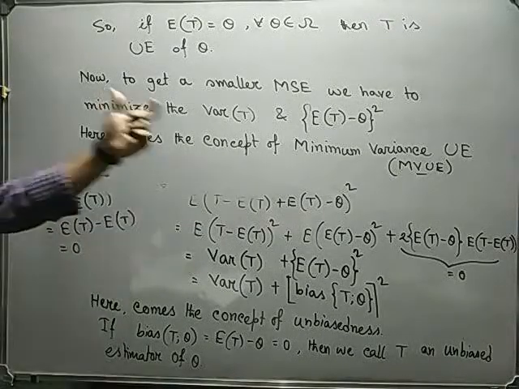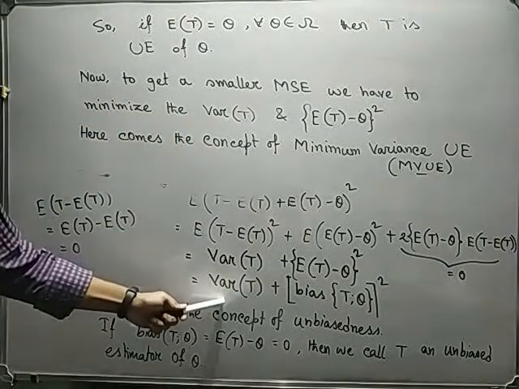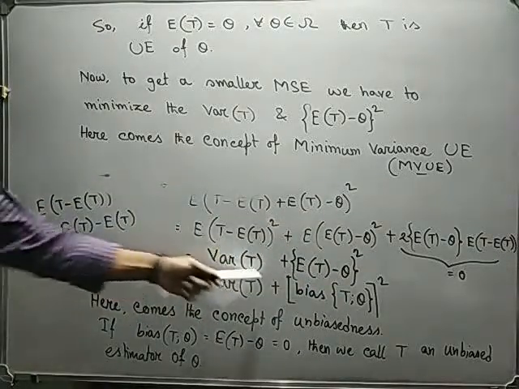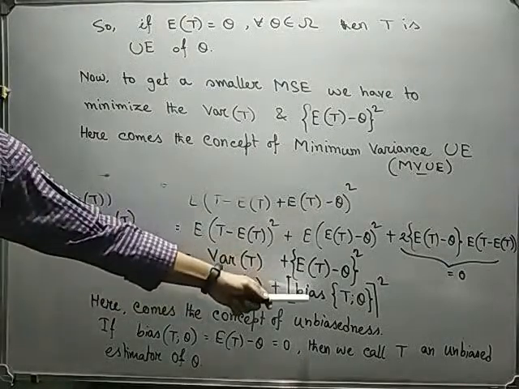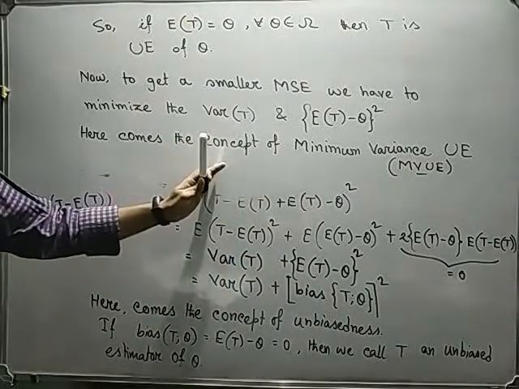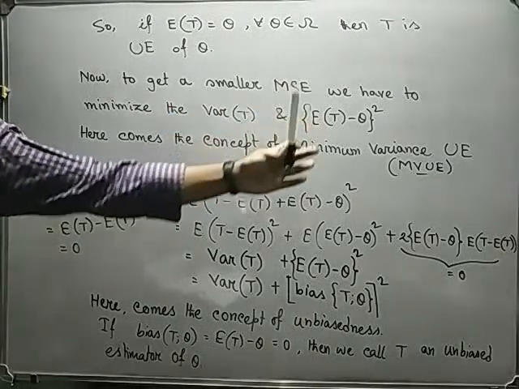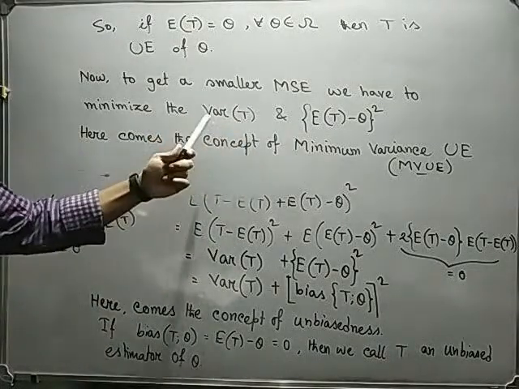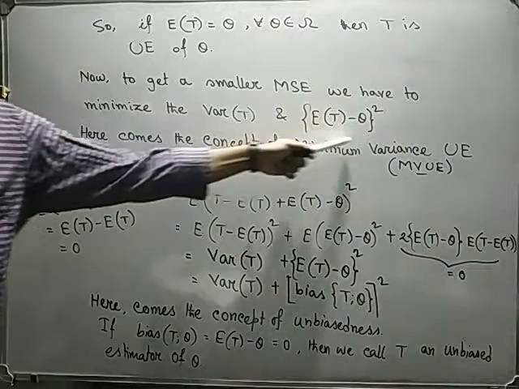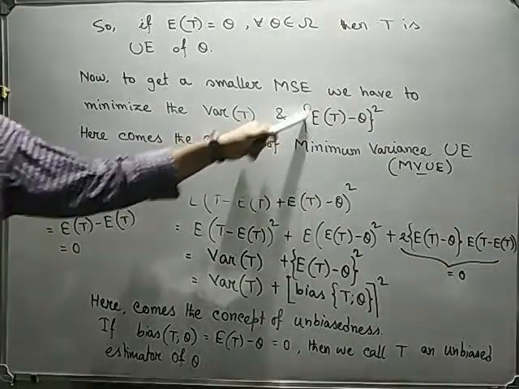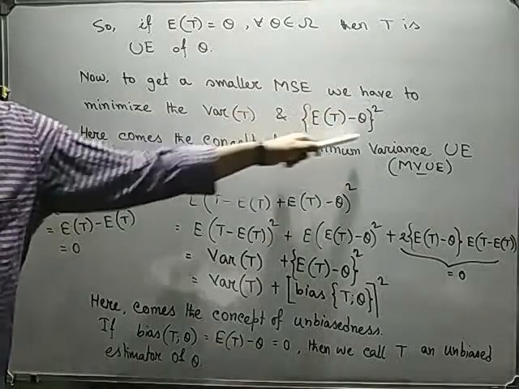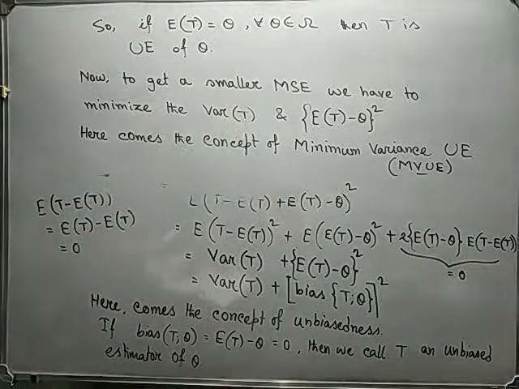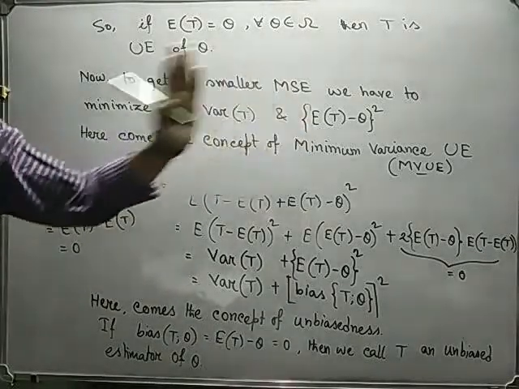As we have to minimize the MSE, and MSE is variance of T plus bias of T square, if we minimize the variance of T and the bias of T both, then we get an estimator called the minimum variance unbiased estimator. Why is it minimum variance? As we have minimized the variance part. And why is it unbiased? As we have minimized the bias part also. The bias part will be minimized if this is equal to 0, and then we can call capital T an unbiased estimator. That's why it is the minimum variance unbiased estimator.